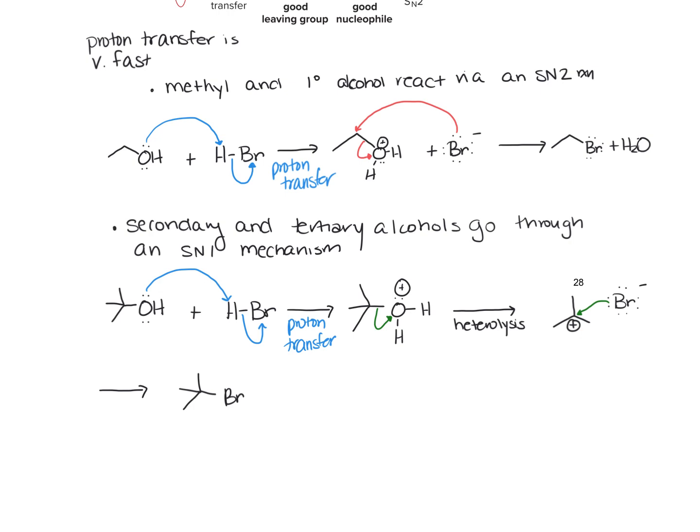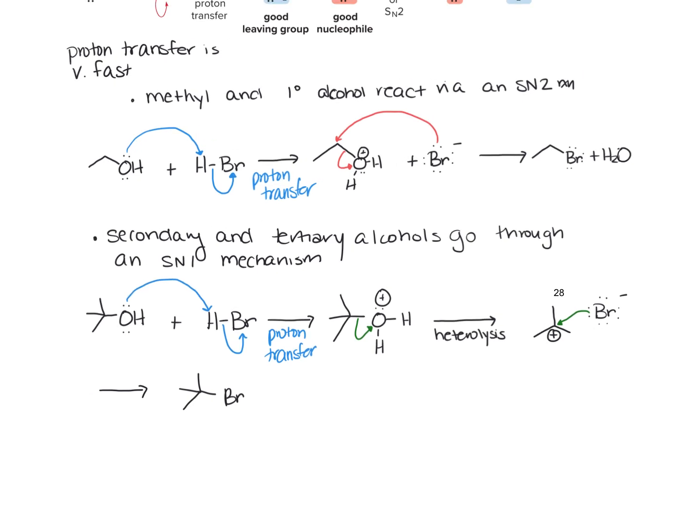Now, knowing the mechanism also allows us to predict the stereochemistry of the products when the reaction occurs at a stereogenic center. So if you are going through an SN2 reaction at a stereogenic center, it's important to remember that inversion occurs.